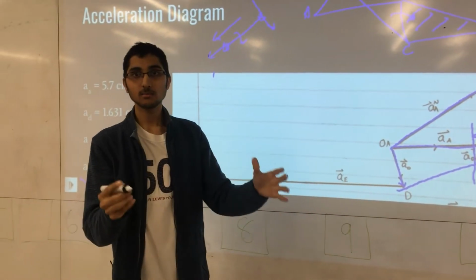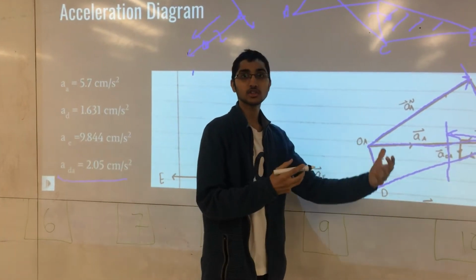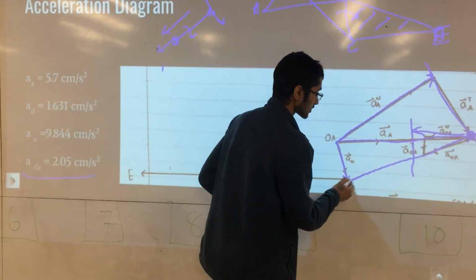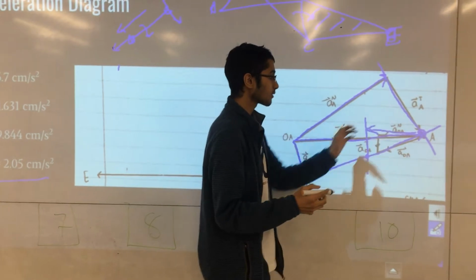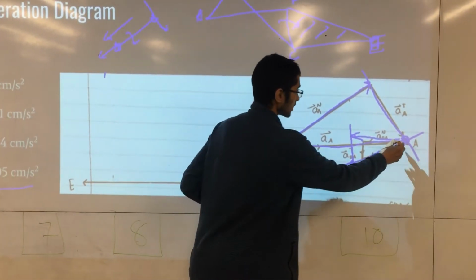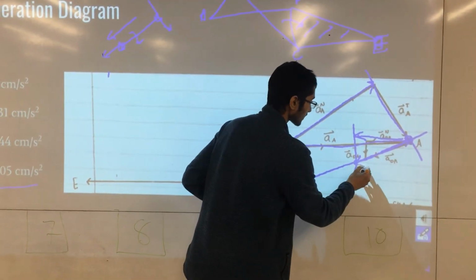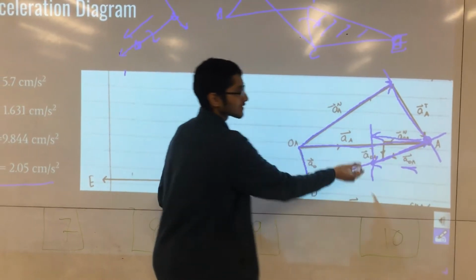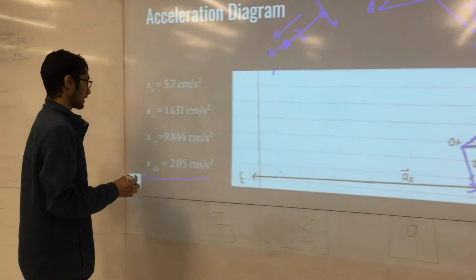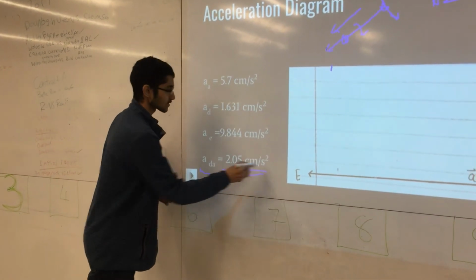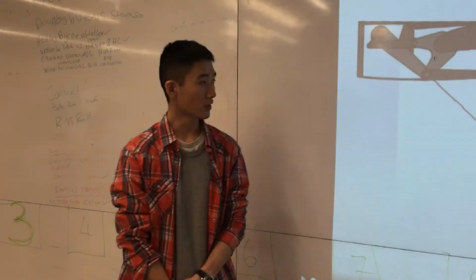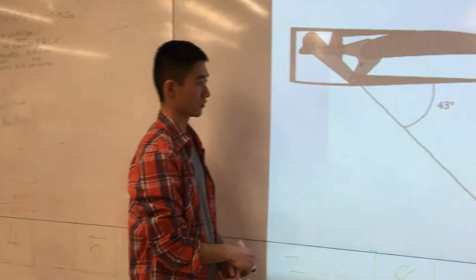And because it's shared by point D, we must also look at the tangential component of point D, which is this line here, and they intersect at that point. So really, the normal component and the tangential component, when you take the resultant, A_DA is that line over there, and that's this number right here.